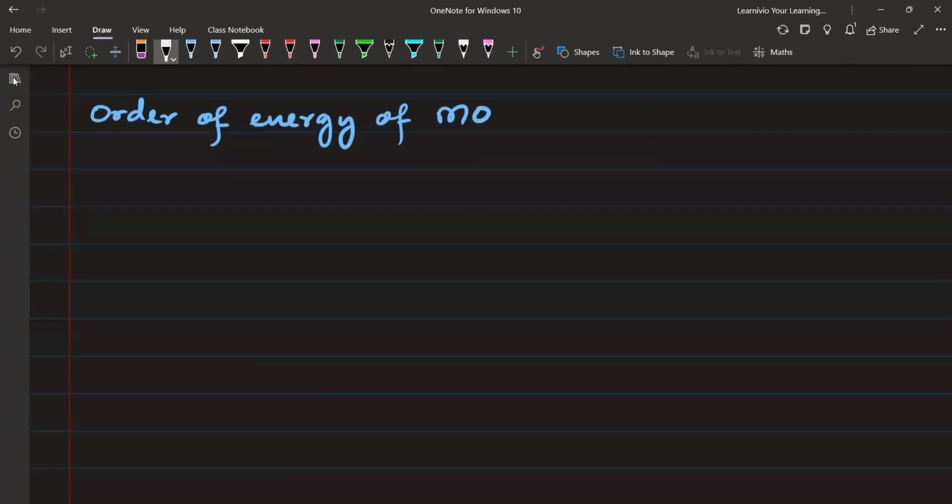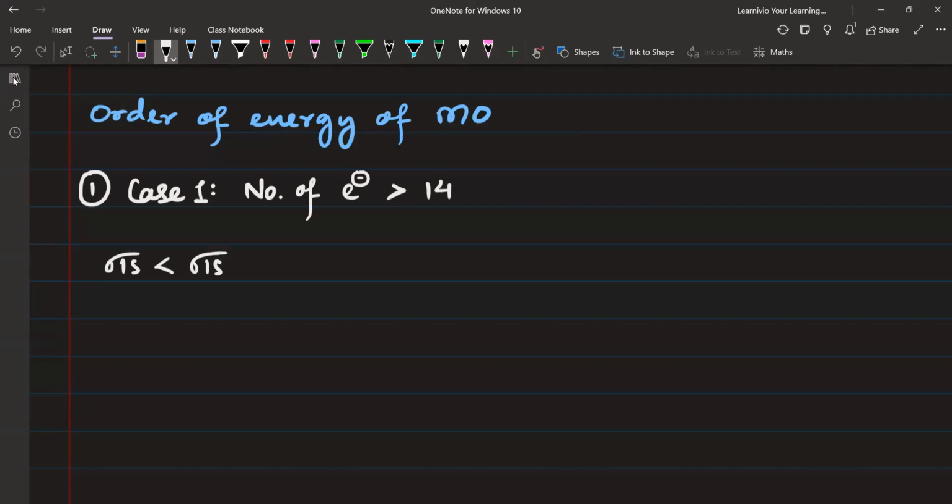Right. Now in this what happens? We have two different cases. First is case one. Case one, you're going to have number of electrons greater than 14. It is going to be sigma 1s, lower energy, sigma 1s star, followed by sigma 2s, then sigma 2s star.